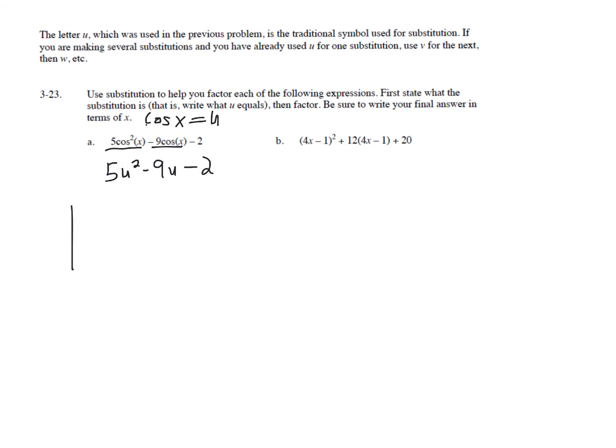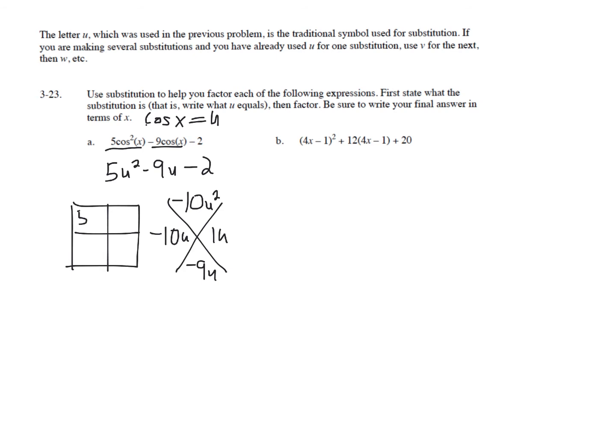And now using my squares and diamonds, I can factor this. It has to multiply to a negative 10u squared, but add to a negative 9u. I think that's going to be a negative 10u and a positive 1u.